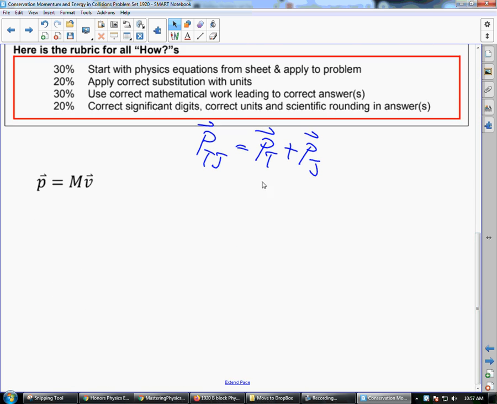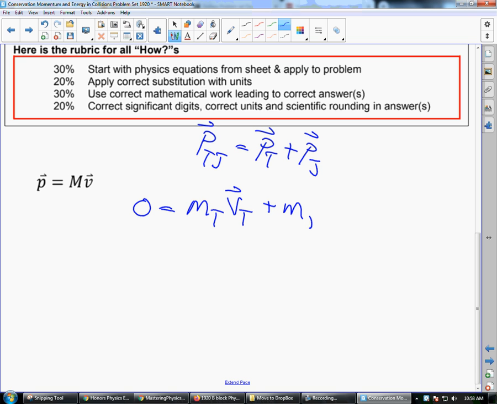So that means Tracy's going to have a positive momentum and Jonas is going to have a negative momentum, because my momentum beforehand is 0. So I can just say 0 equals mass of Tracy, velocity of Tracy, and since I'm still in terms of a vector, my positive and negative haven't come into my equation yet.